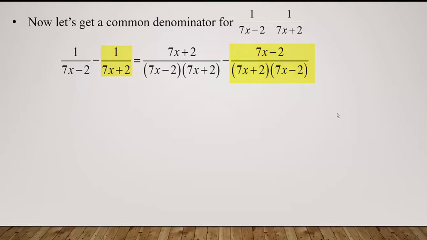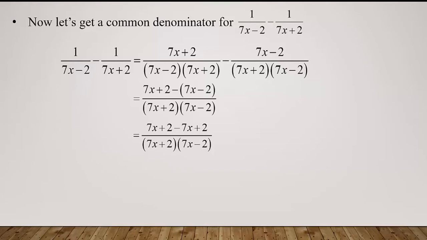And well, now I'll write it as one fraction. It's the whole point of getting a common denominator. So we have 7x plus 2 minus the quantity 7x minus 2, all over 7x plus 2 times 7x minus 2. Now, if I clean up that numerator, I could distribute that negative 1 and then combine like terms. I end up with 4 over 7x plus 2 times 7x minus 2.